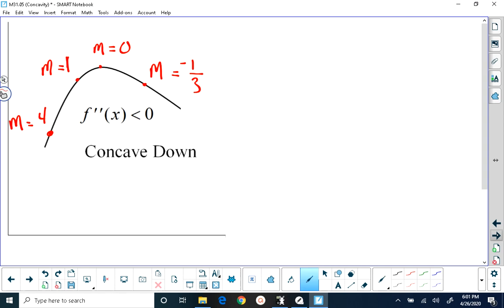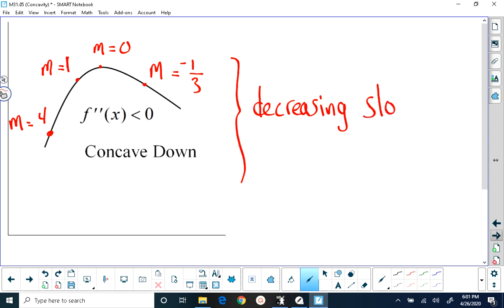You go from a slope of 0 to a slope of -1/3, that is also a decrease. And that is why when you have a decreasing slope, which means the first derivative is decreasing, which means the second derivative is negative, that is why we have this concave down shape.